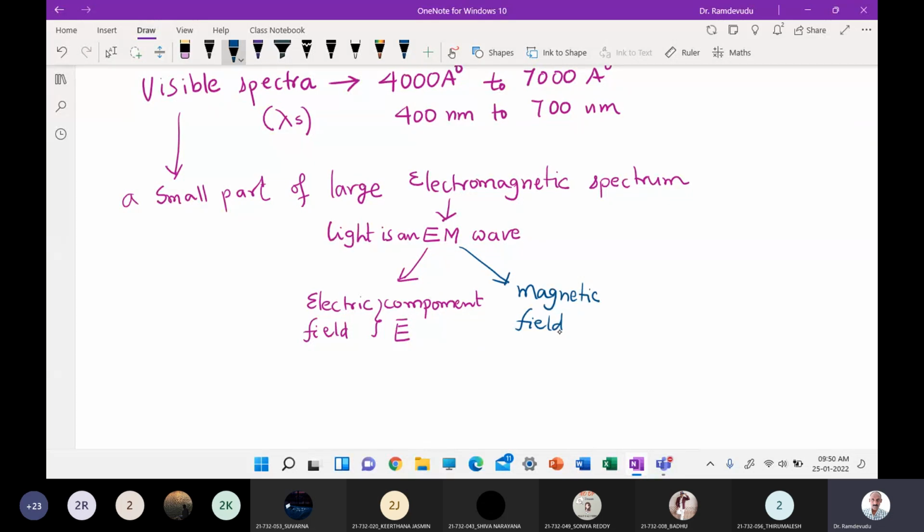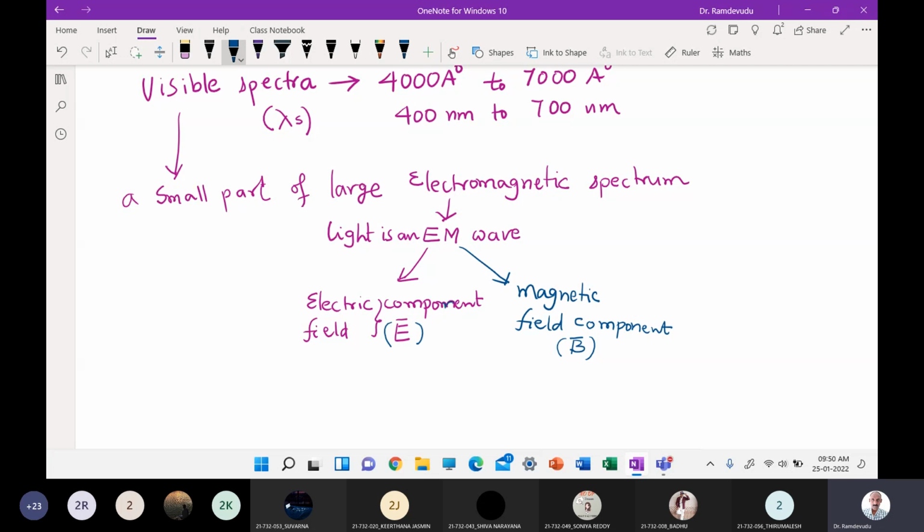One is the electric field vector and the other is the magnetic field component, which we write as B bar. So we have electric vector E bar and magnetic vector B bar.